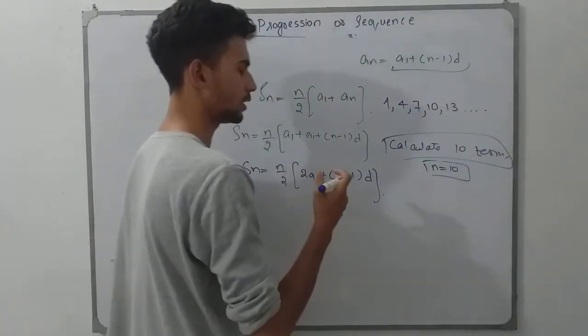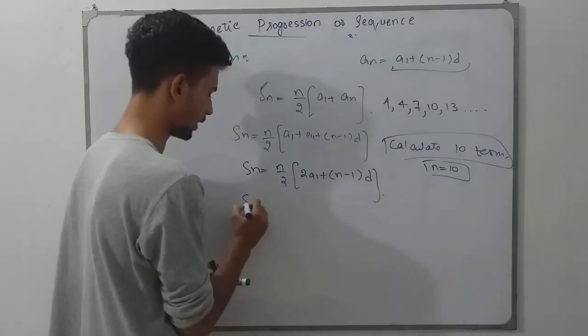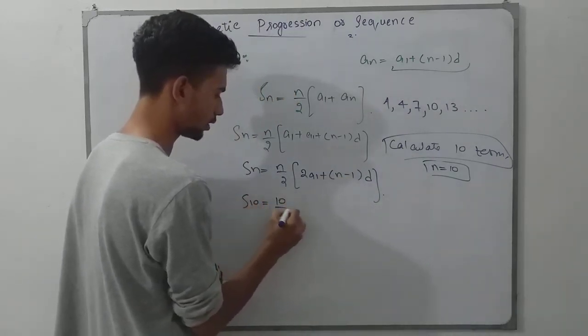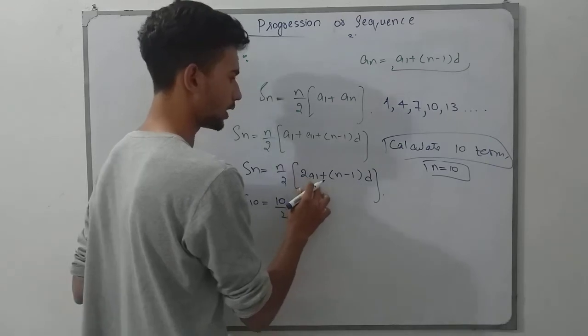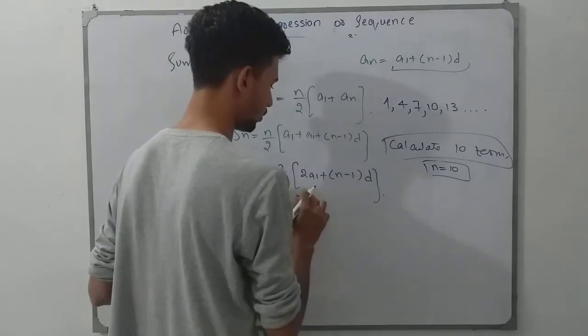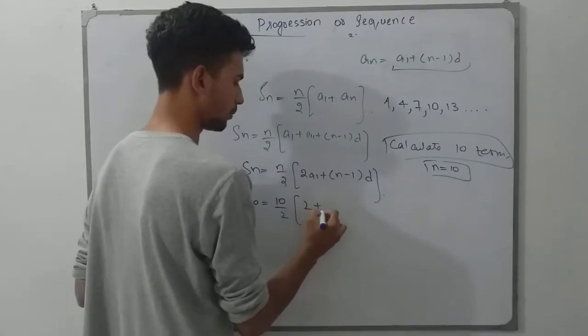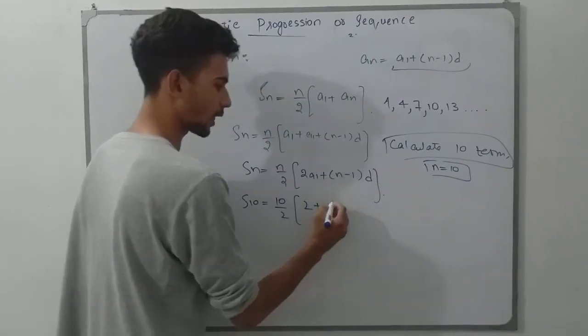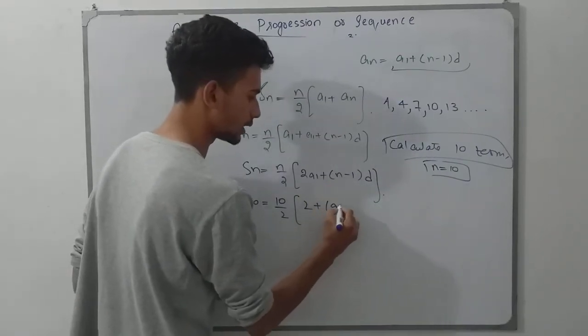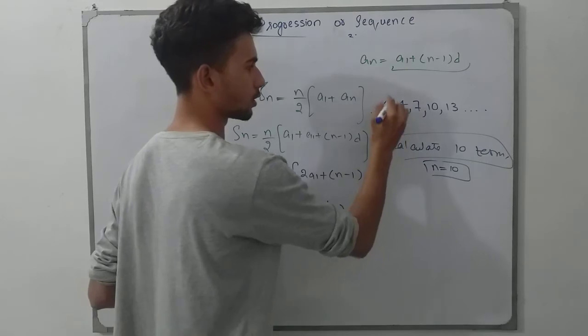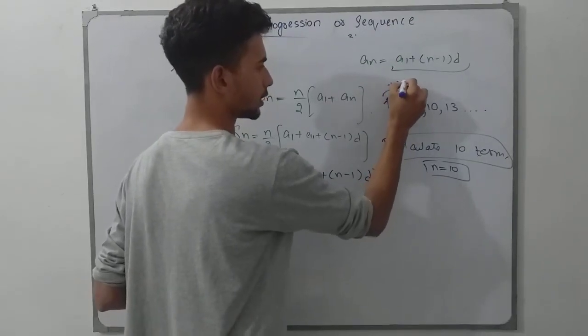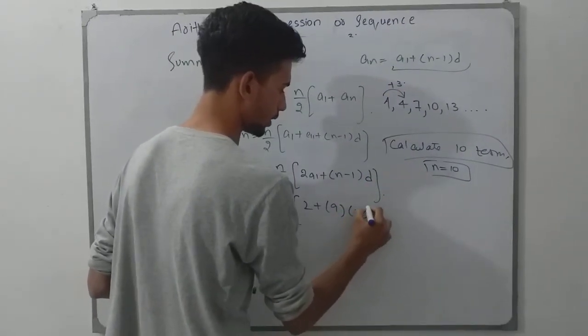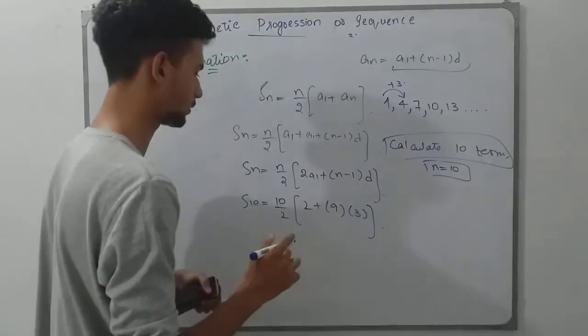Now you just need to plug in the values. So S10 is 10 over 2, times (2a1, a1 is 1, so 2 multiplied by 1 is 2, plus n is equal to 10, so 10 minus 1 is 9). And what is the common difference? The common difference is 3. So I plug in the value d as 3.